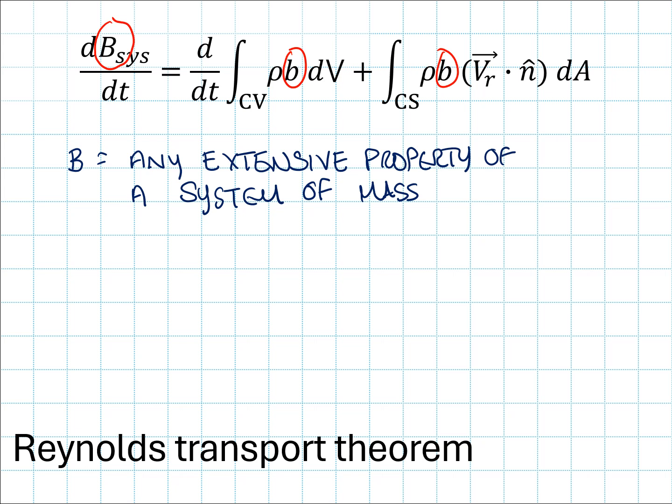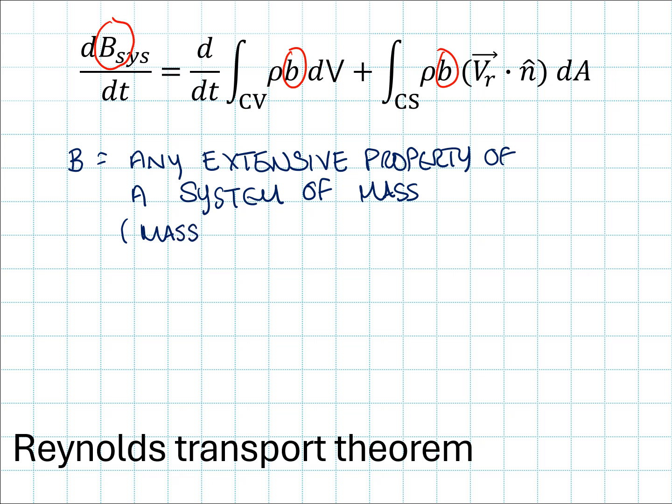And you'll remember that at the beginning of this course, we defined extensive properties as those that depend on the extent of the system or the size of the system. So mass, energy, and momentum are all extensive properties.